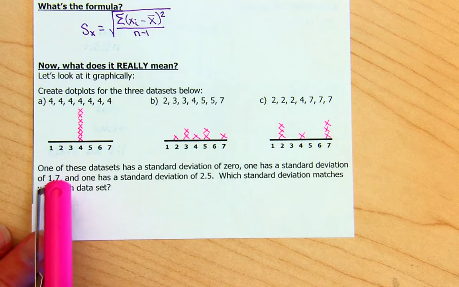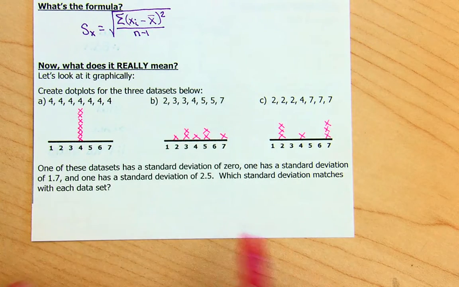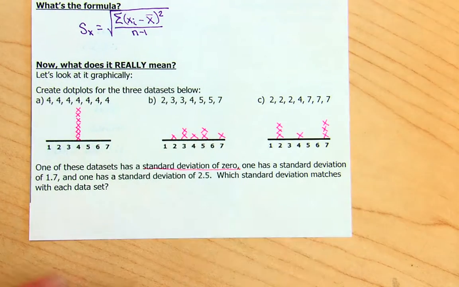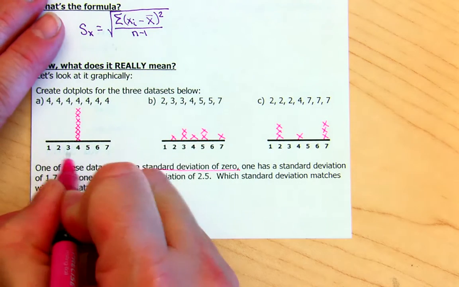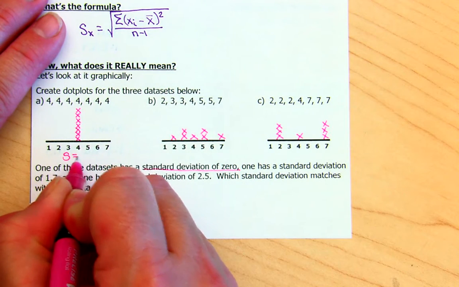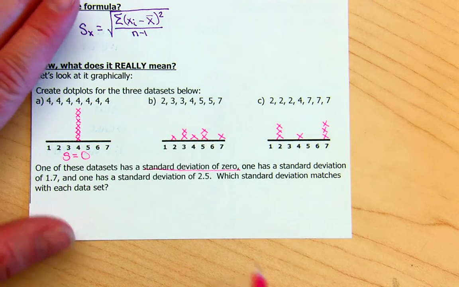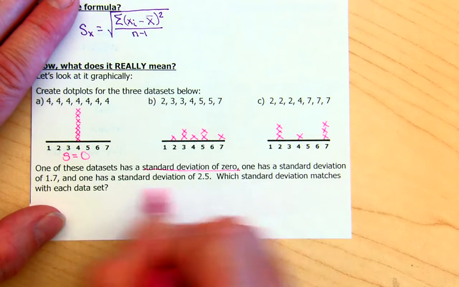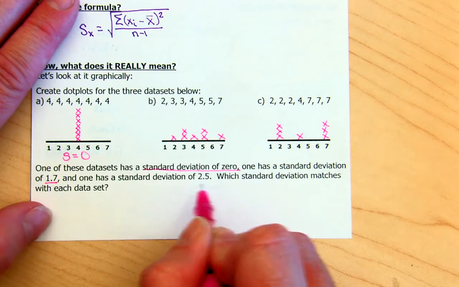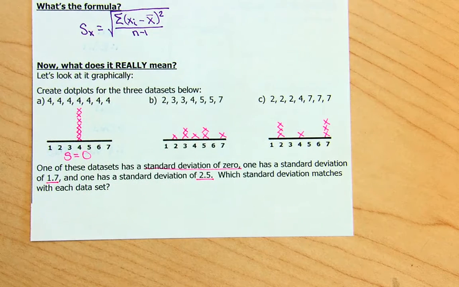Okay? So if we're saying one of these data sets has a standard deviation of 0, which one do we think that's going to be? A. So this one will have standard deviation 0. It says one has a standard deviation of 1.7 and one has one of 2.5.